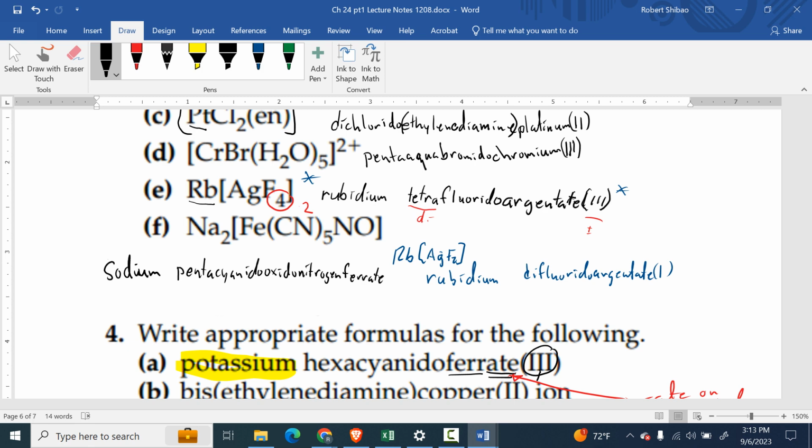Oxidonitrogen is neutral. It's just nitrogen monoxide. And that means iron has to be +3. So this is going to be ferrate(3). And that way we get +3 from the iron, -5 from the cyanide gives us -2. The -2 will balance out the 2 positive charges. Does that make sense? All right.